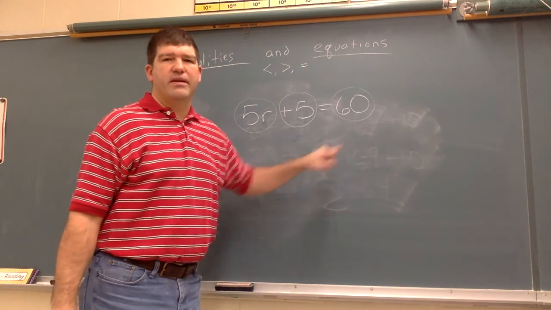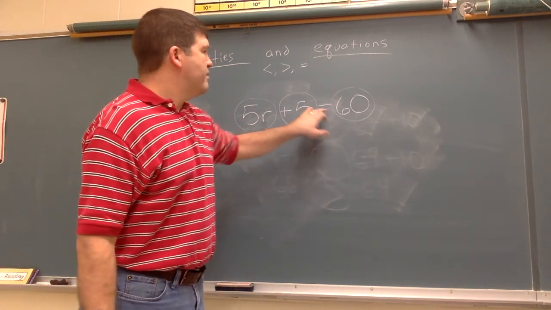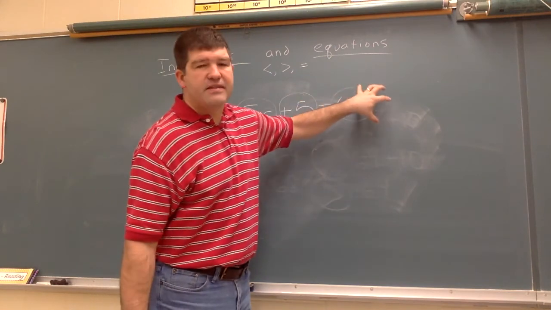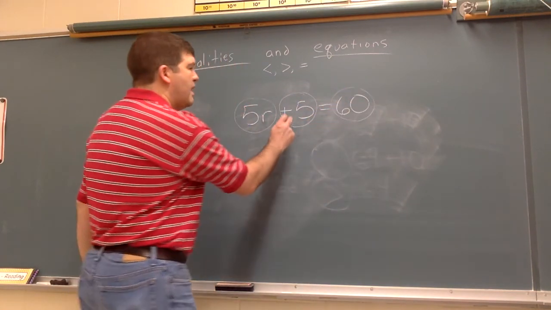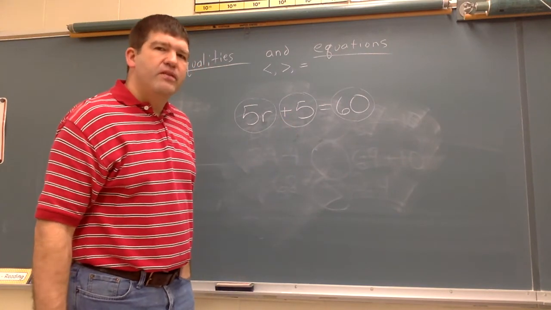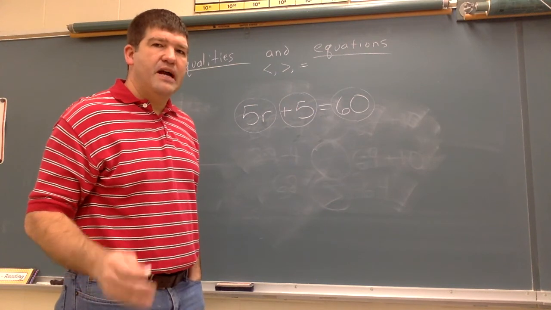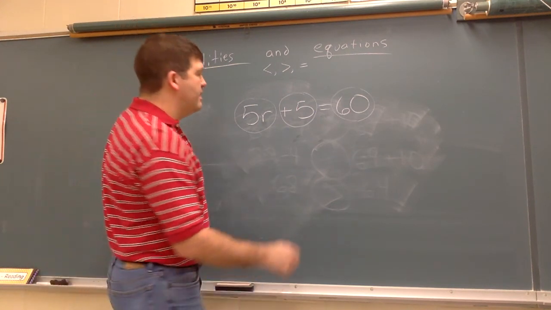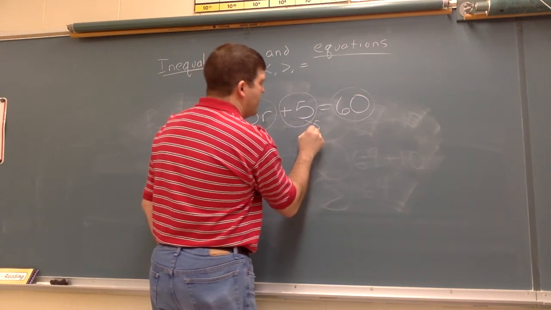r equals something. So what I have to do is, this is an equal. So if I do something on this side, I have to do the same thing on this side. Say I want to get rid of this plus 5. The way I get rid of a plus 5 is I do the opposite of it. I subtract 5. So I'm going to go this positive 5 minus 5.